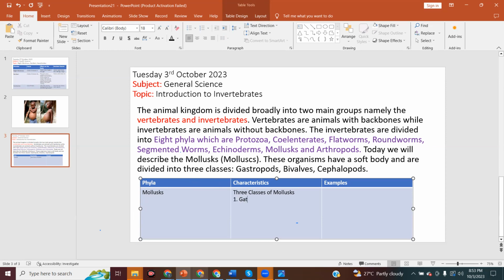The first one is the gastropods. They have a spiral shell. That's the gastropods.